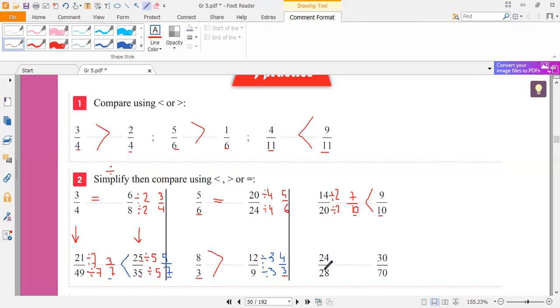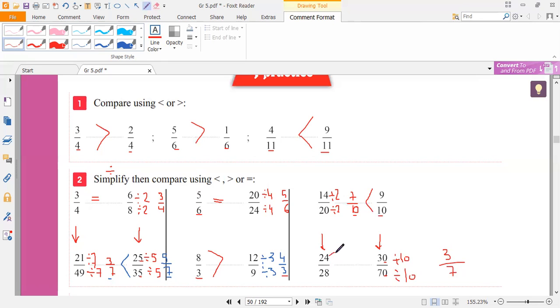Now here 24 over 28 and 30 over 70. So here we will replace the two fractions by an equivalent fraction. Now 30 and 70 are divisible by 10 because they are ending by 0. So if I divide by 10 here, the answer will be 3 over 7.